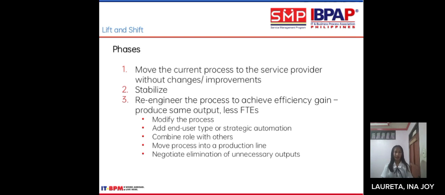Re-engineer the process to achieve efficiency gain: same output, fewer FTEs. Modify the process, add end user type or strategic automation, combine roles with others, move the process into the production line, and negotiate elimination of unnecessary outputs. The next slide will be discussed by Rowena Legaspi.